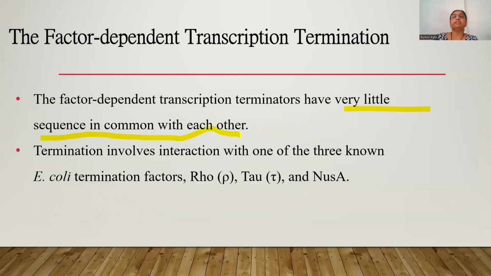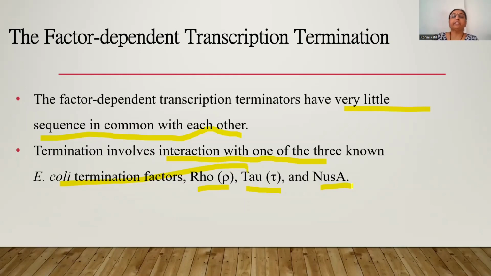When there is an analysis of termination sequences, it is observed that there is very little similarity between them. The second point is that termination involves interaction with one of the three known E. coli termination factors: rho, tau, or NusA, or all three are involved in the transcriptional termination.